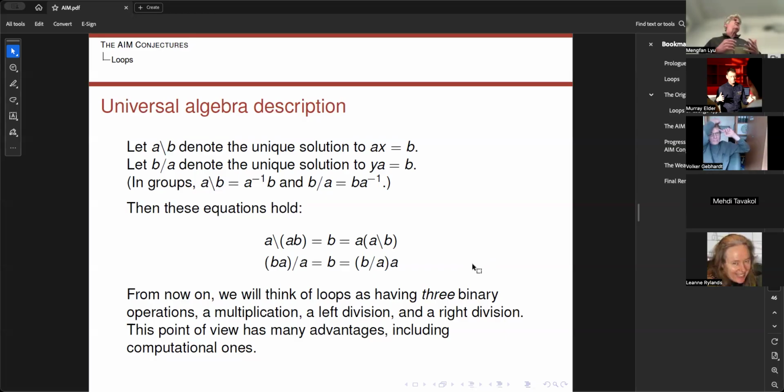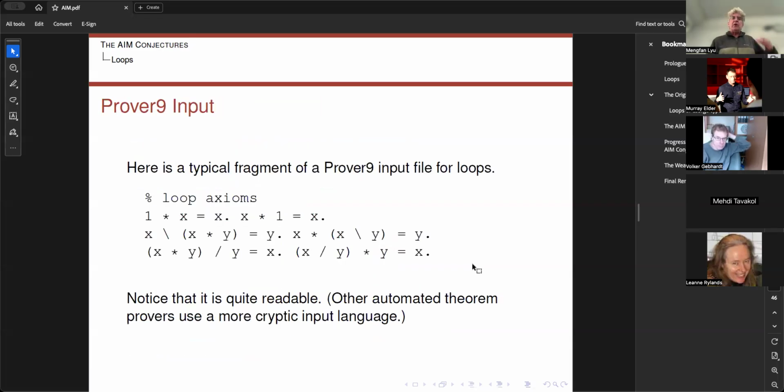And that may seem like a minor point, but that actually has some computational advantage. It's much easier to encode facts about loops if you look at it from this point of view, as a set with 3 binary operations. And I'll show you what I mean in just a moment. So here, for example, is a typical fragment of a Prover9 input file, where this is just a fragment of a larger one, where here are the loop axioms.